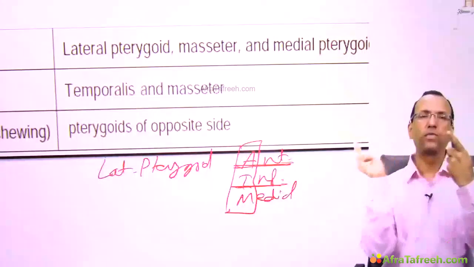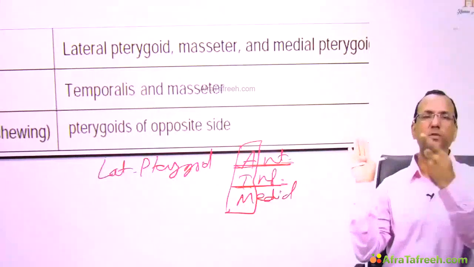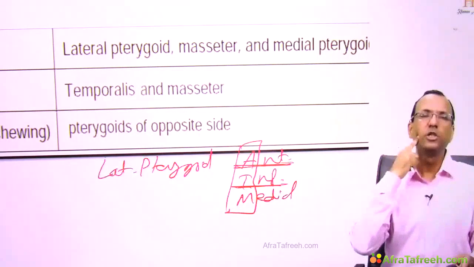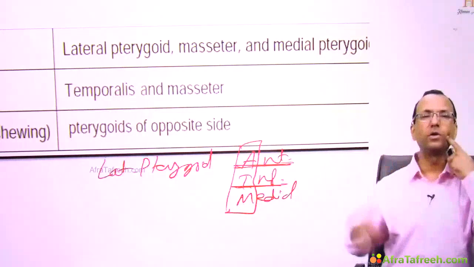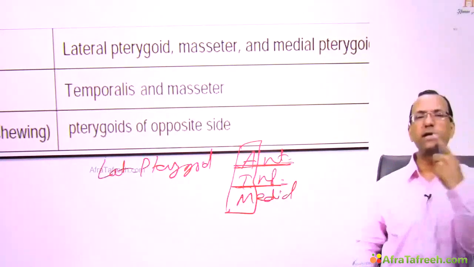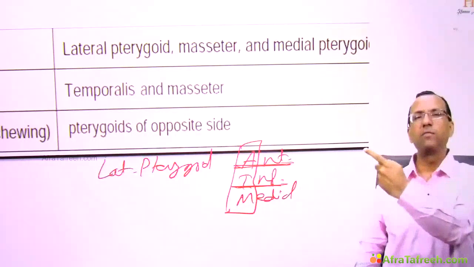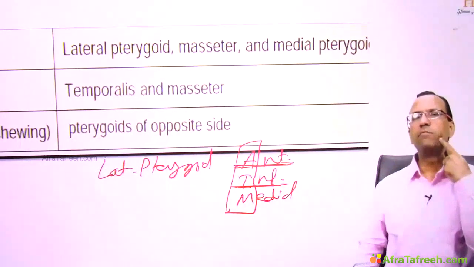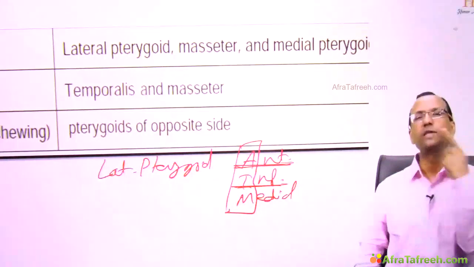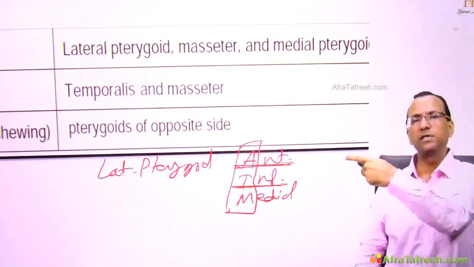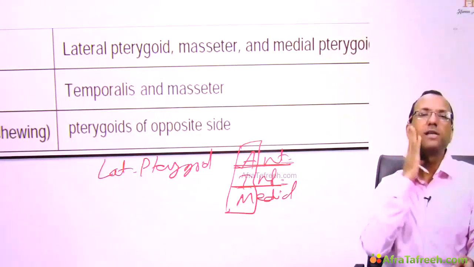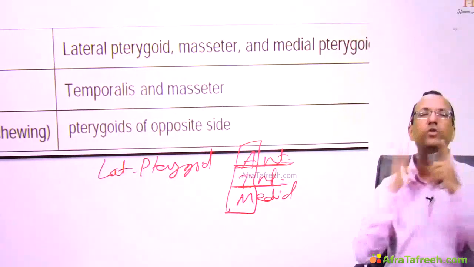And what if one of the muscles is not working? Then the other is more powerful. You mean to say right trigeminal nerve palsy? Yes. Right lateral pterygoid not working, then the left lateral pterygoid is more powerful and pulls the mandible medially, and the mandible deviates to the same side as the lesion. There will be atrophy of the muscles of mastication, and the jaw will deviate to the same side as the lesion.